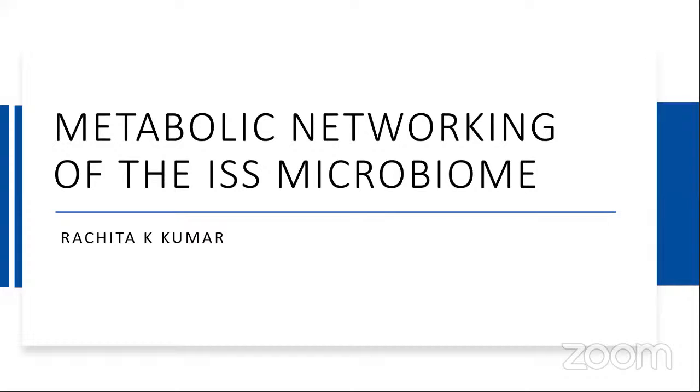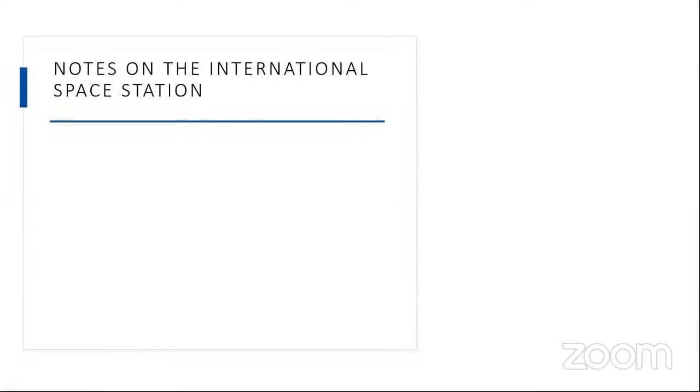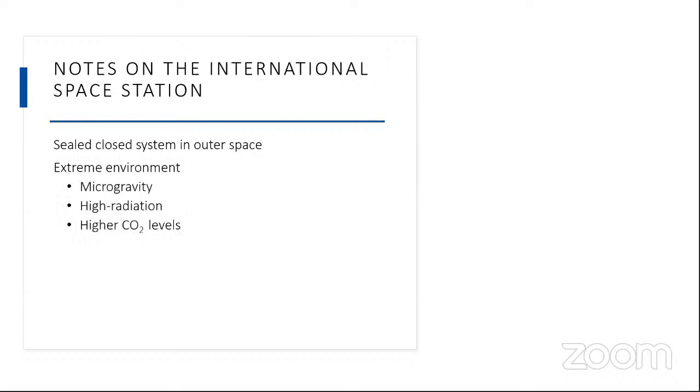So let me begin by sharing a couple of points on what we know about the International Space Station. The ISS is essentially a sealed closed system in outer space and has been around for nearly 20 years or so. Its environment has been classified as extreme due to microgravity, high radiation levels, and higher carbon dioxide levels than what's found on Earth.